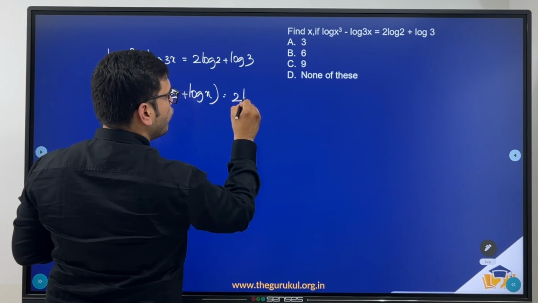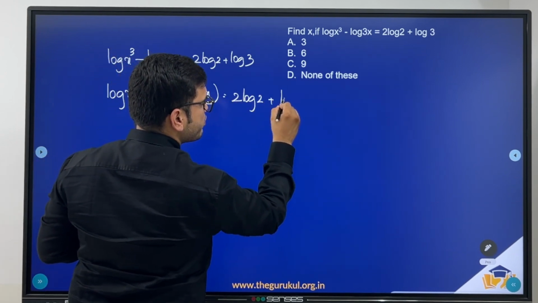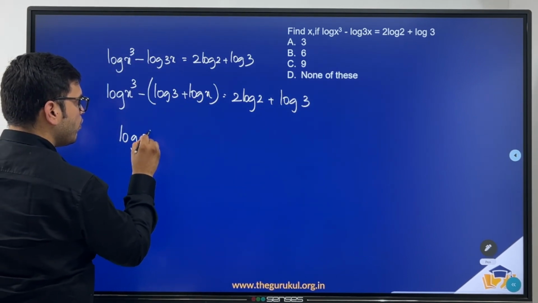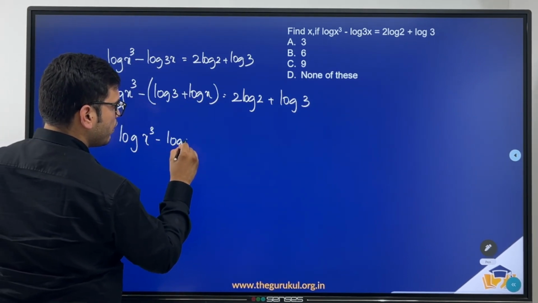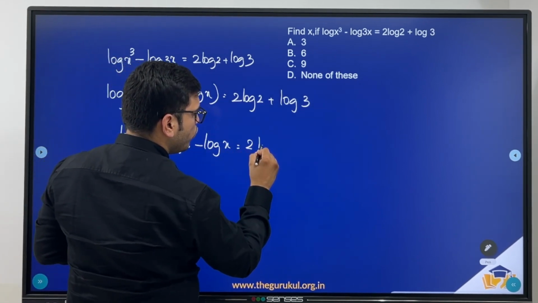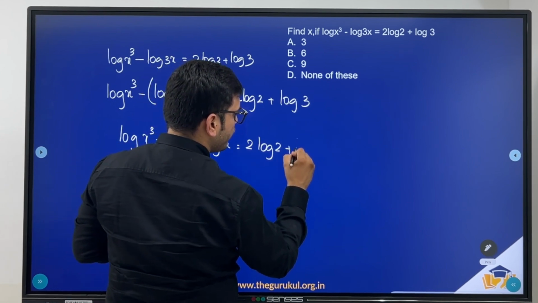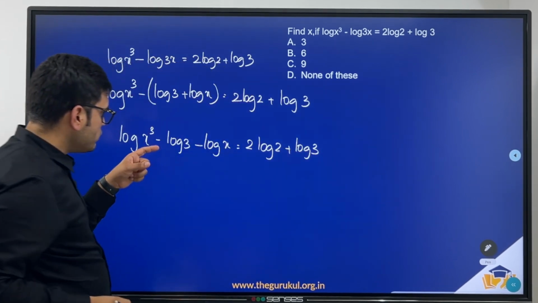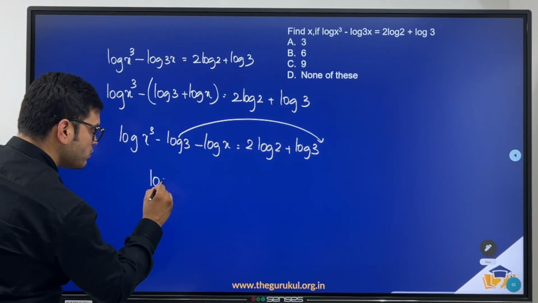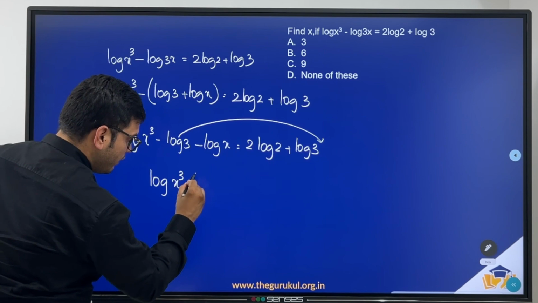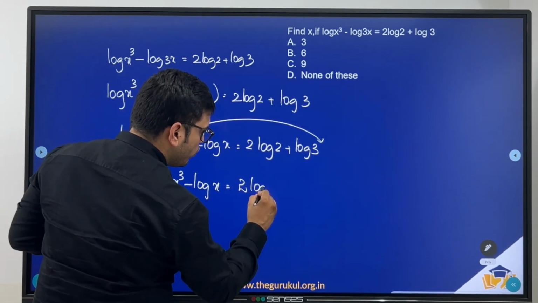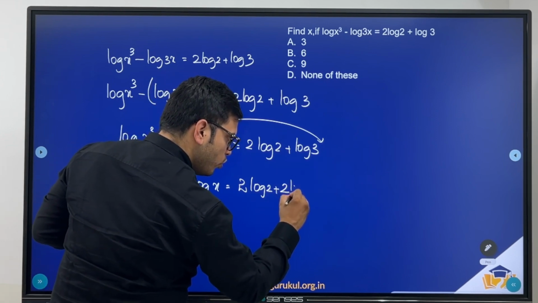Then we have log x cube minus log 3 minus log x is equal to 2 log 2 plus log 3. Now sending minus log 3 to the right hand side, we have log x cube minus log x is equal to 2 log 2 plus 2 log 3.